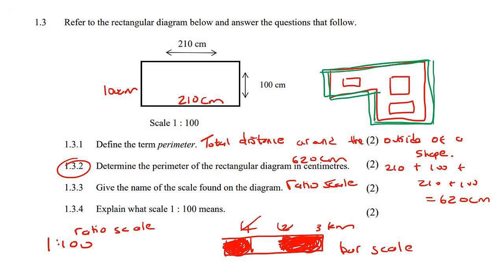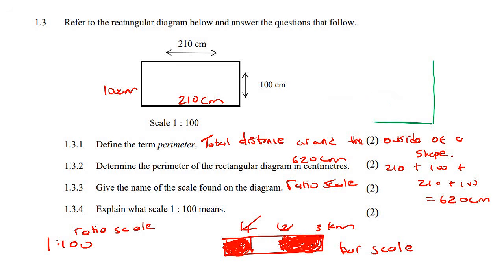scale. This question says, explain what 1 to 100 means. Okay, so we've done scales before, and what we know is that this here is the distance on the map or on the drawing, for example. And then this would be the distance in real life.